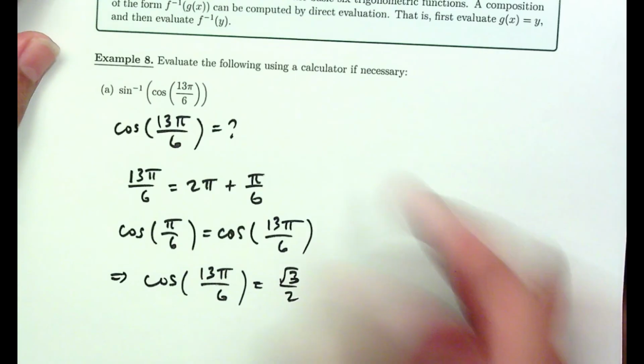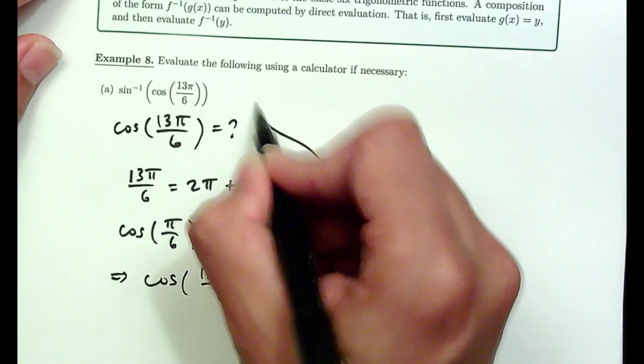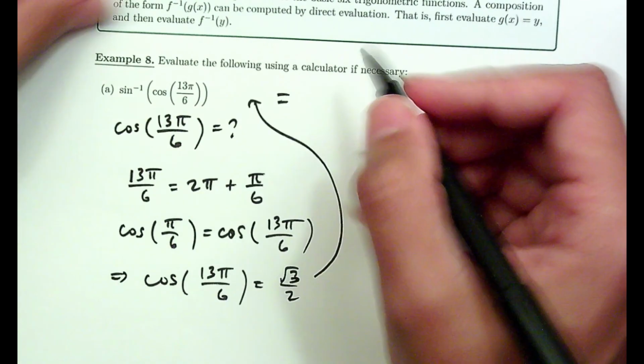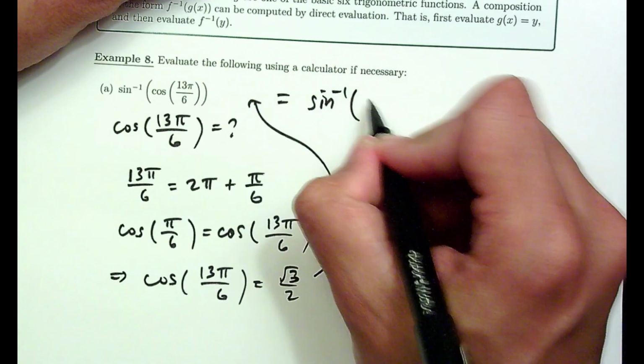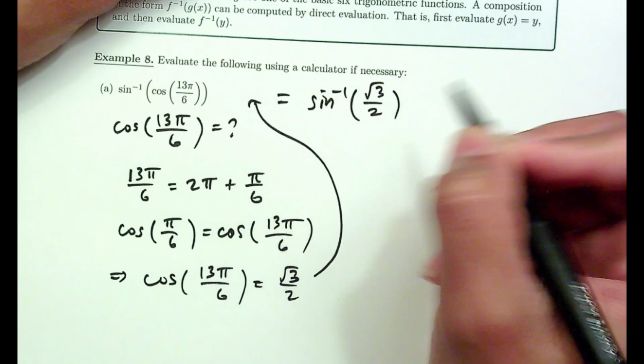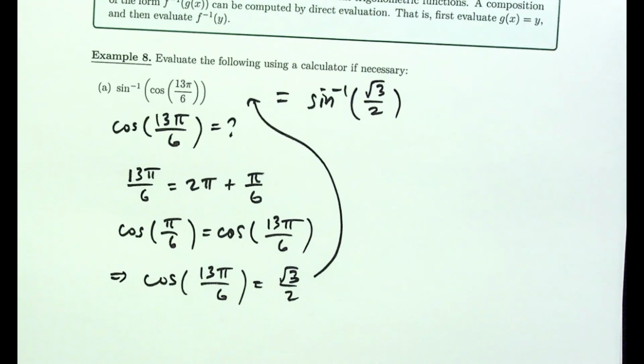All right, and then going back here, that tells me that this is equal to, well, we just figured out the inside. The inside is square root of 3 over 2. All right, and now we're almost done.